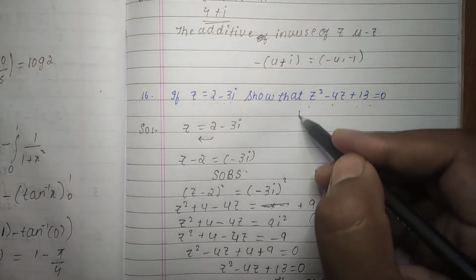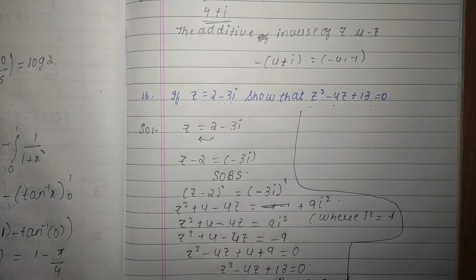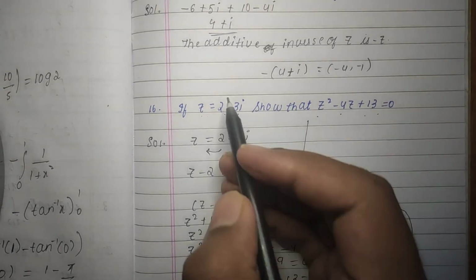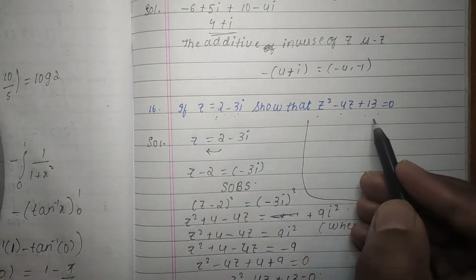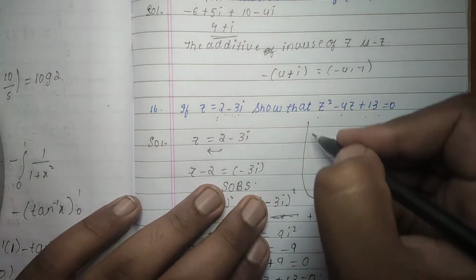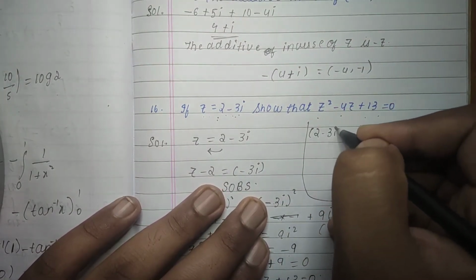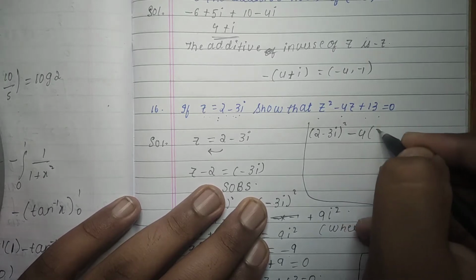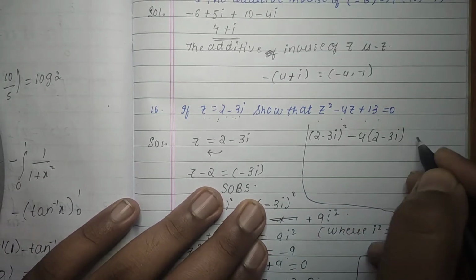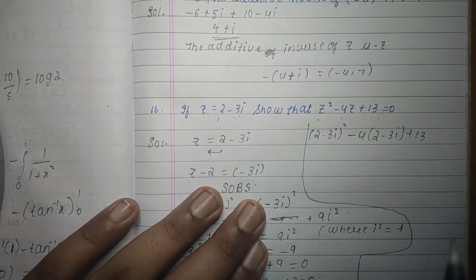In the next method, simply substitute z is equals to 2 minus 3i in this formula. So 2 minus 3i whole square minus 4 into 2 minus 3i plus 13.